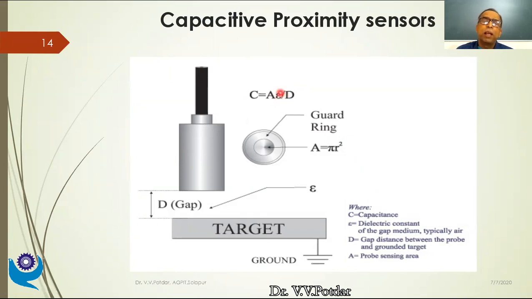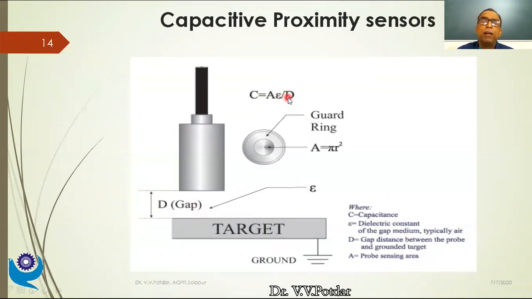This epsilon can be of two types: epsilon of the dielectric medium, and epsilon naught of free space. Combined together, I have a single epsilon, the dielectric constant of the gap medium. Typically it is air, it can be fluid also.